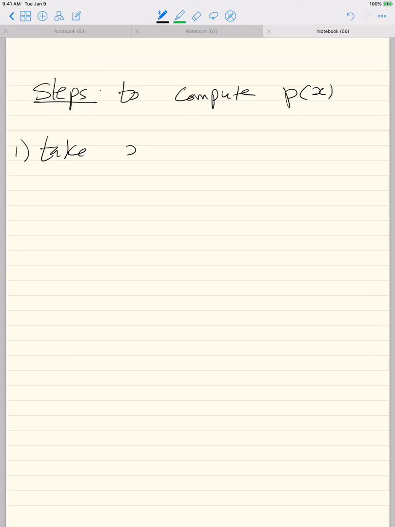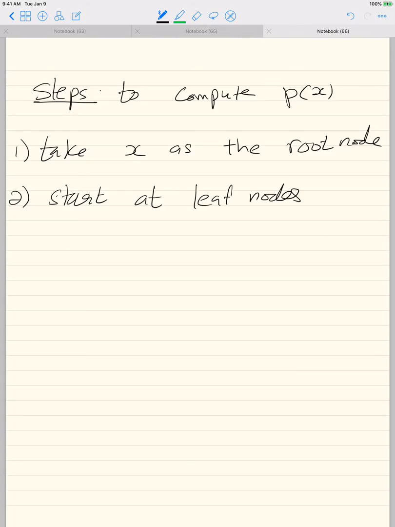So here are now finally the steps we need to compute p(x). Take x as the root node, start at leaf nodes in the tree or in the factor graph.